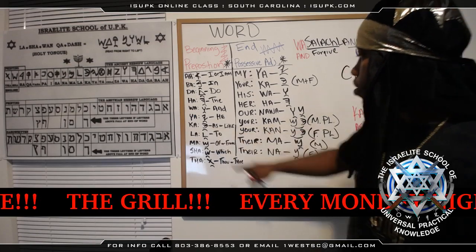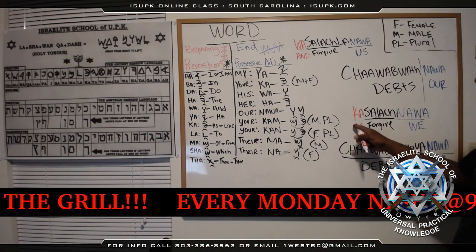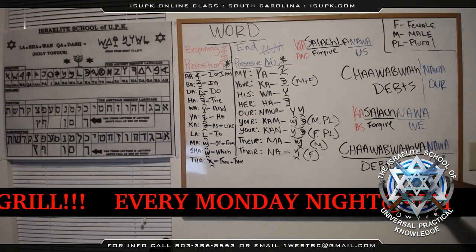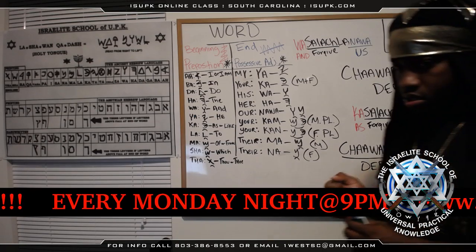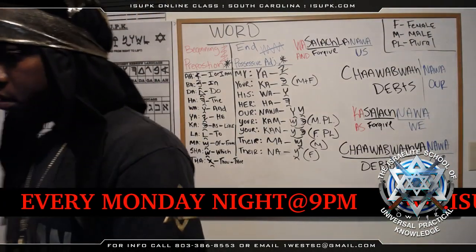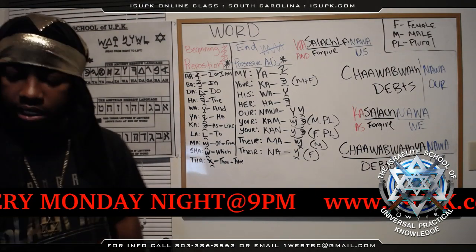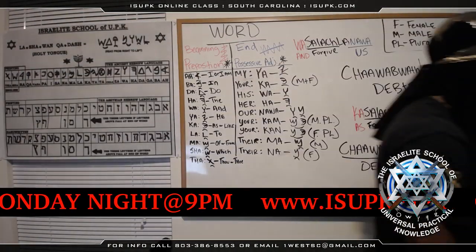So in this one it is going to be "as we forgive." As we forgive, kasalak nawa, our debtors, kawawahya nawa. So now you're starting to see how these words are formulated using these prepositions. You understand? Using these prepositions.